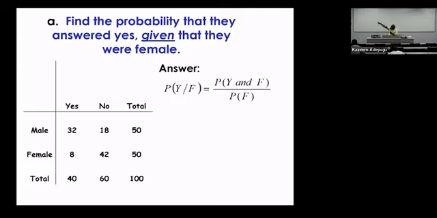Look at that, given. Or they use the word if. That's a conditional word. So the word given is how I know I'm being asked to compute conditional probability.